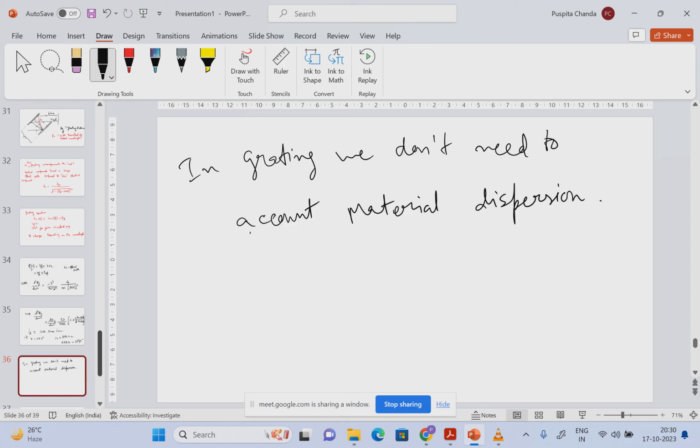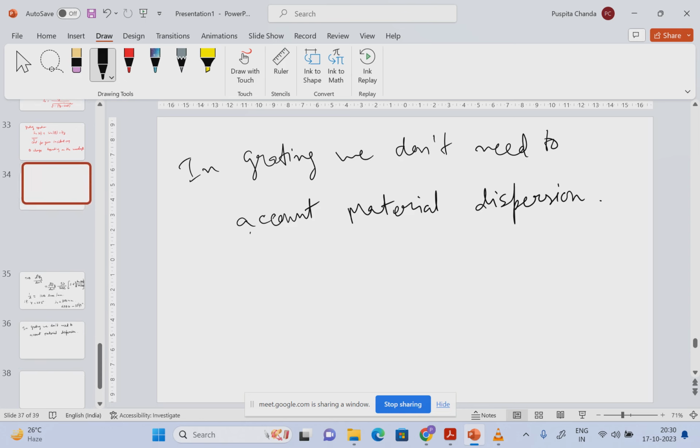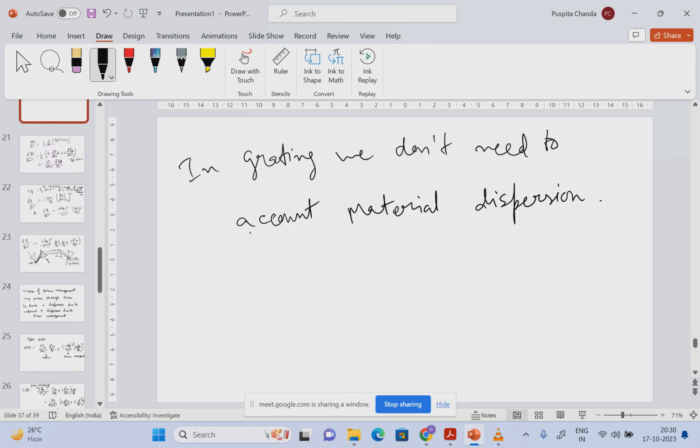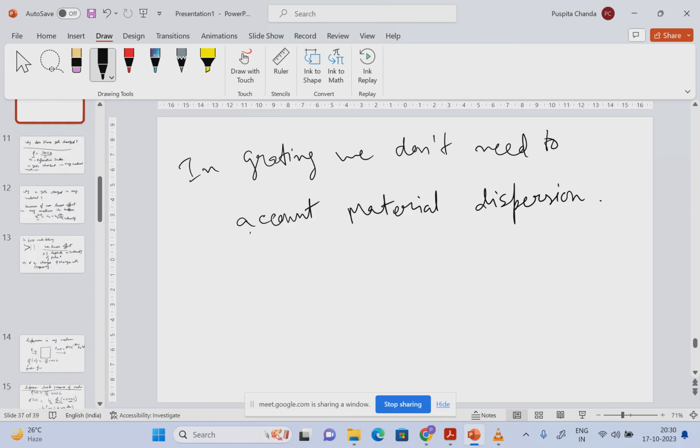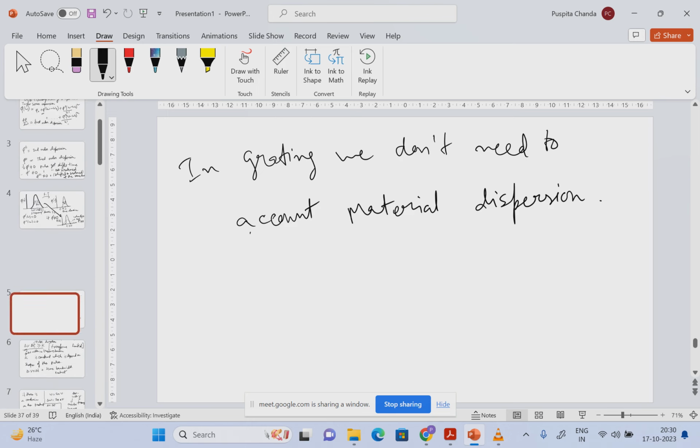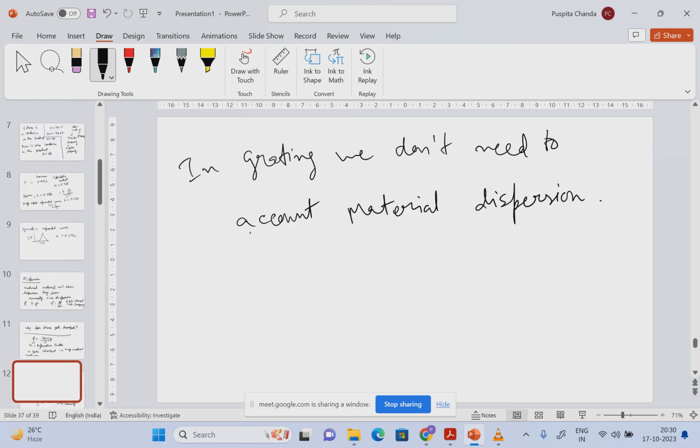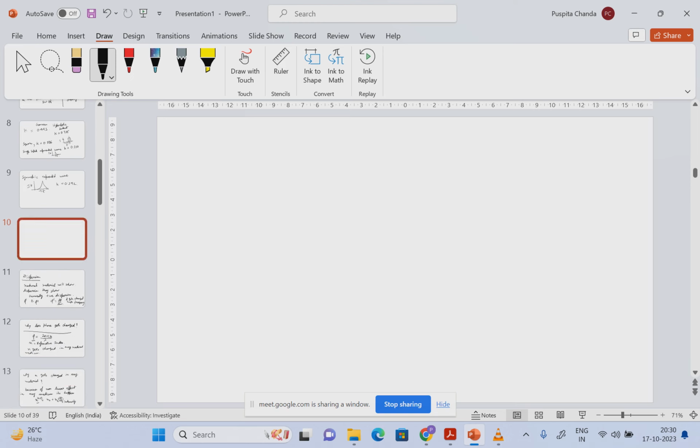So here I want to mention another thing. Like, let us suppose, due to phi double dash changes, I have mentioned that already.